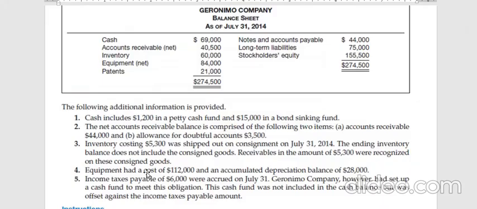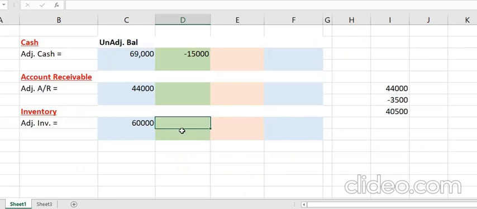What type of adjustment? This 5,300 should be added into this 60,000. Okay, I will give you the reason why. Added means I will plus this 5,300 into my inventory balance. Okay, I hope you got this point also.